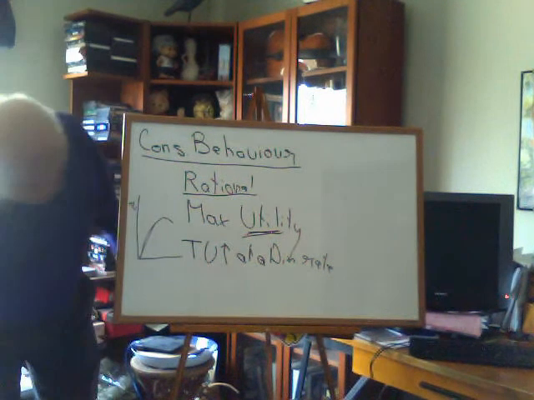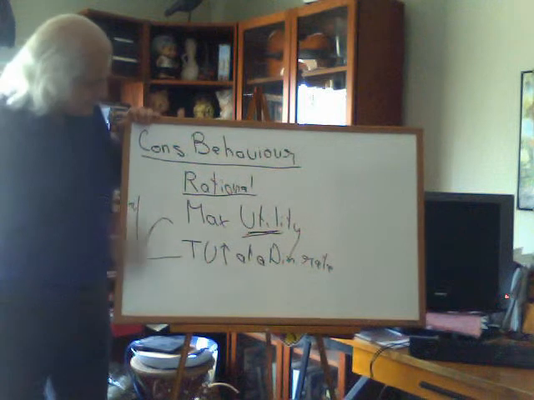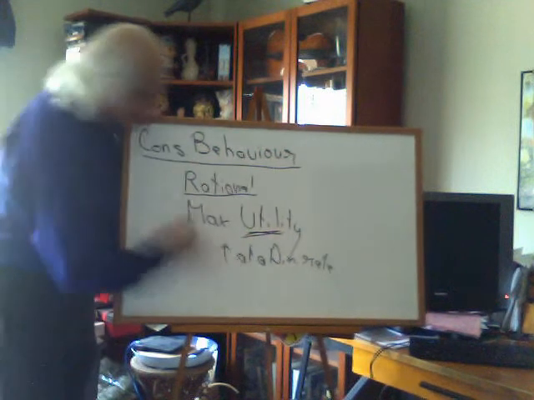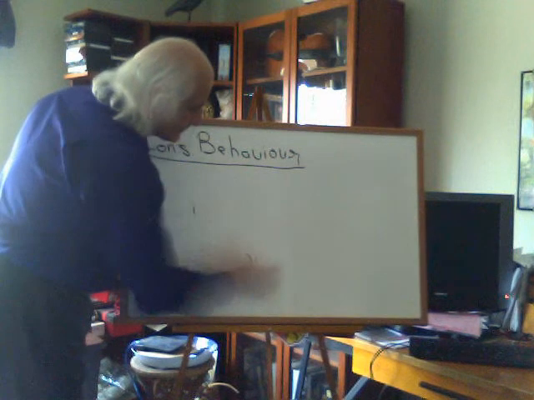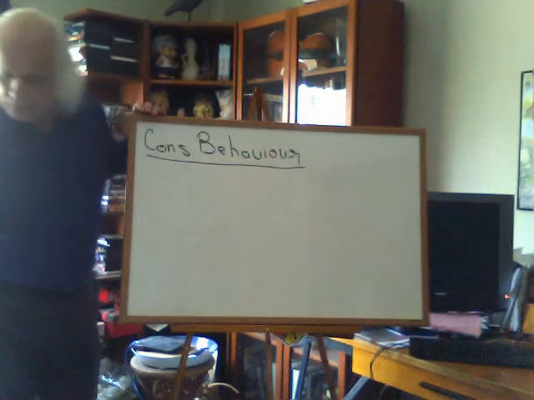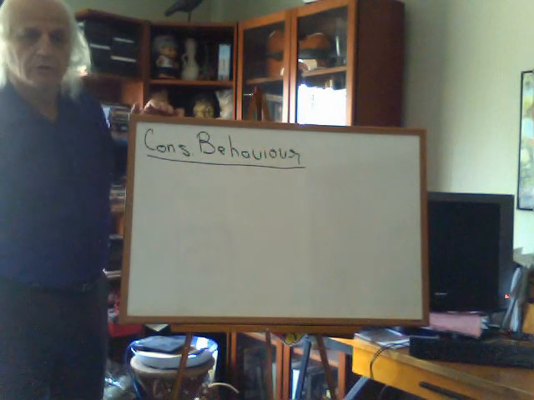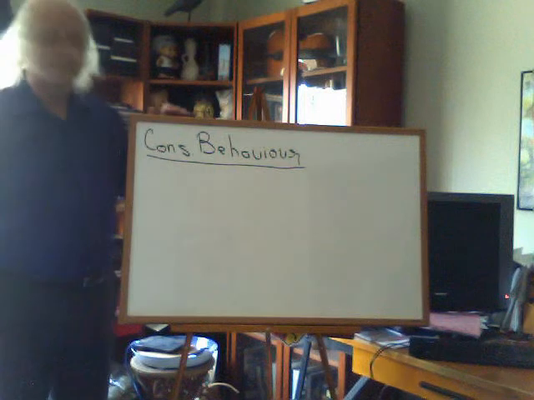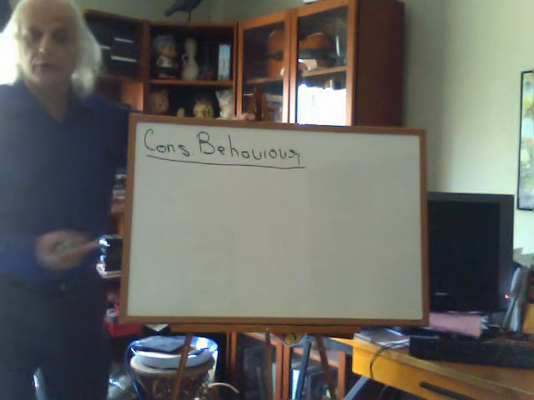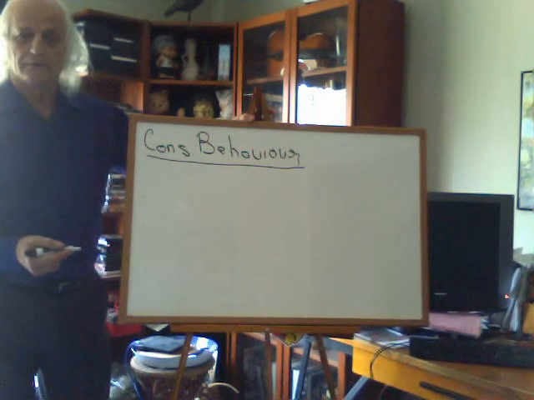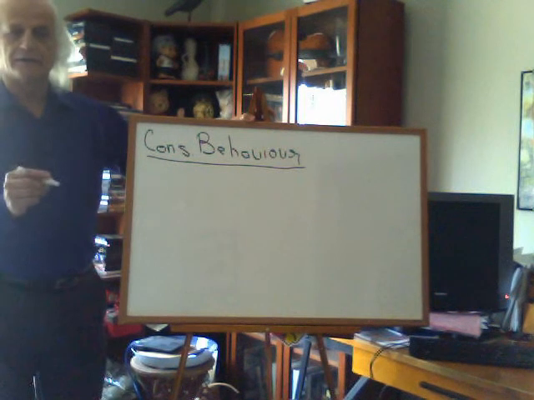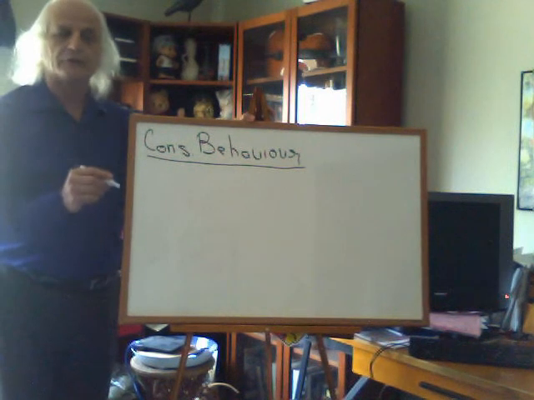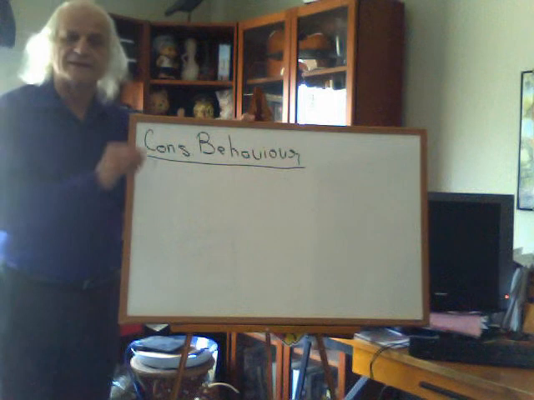Now, if you put all of this together about consumer behavior, what law can we arrive at that we're not going to violate, in order to be able to speak definitively about consumer behavior and consumer maximization of utility?